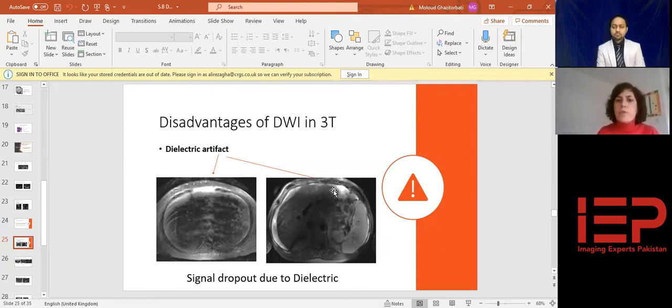Unfortunately, I didn't put any picture, but in future I can add one. It's just like a pad with gel, and it can reduce the dielectric effect. You just put it on the patient's abdomen, just below the body coil, your torso coil. So there are some challenges, but fortunately there is a way to minimize these effects.